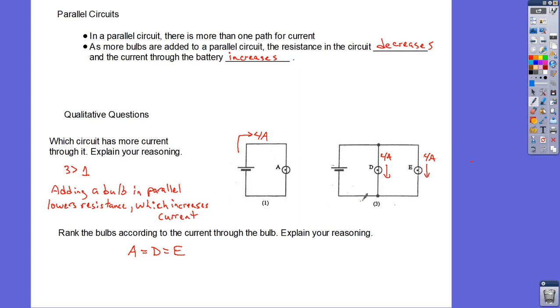And we know that current doesn't just disappear, so we have to have 8 amps coming out of that battery so that we could split it up into 4 and 4, and we could have 8 amps back. So if you think about it, basically what we said is the resistance in the circuit was just cut in half by putting that bulb in there.